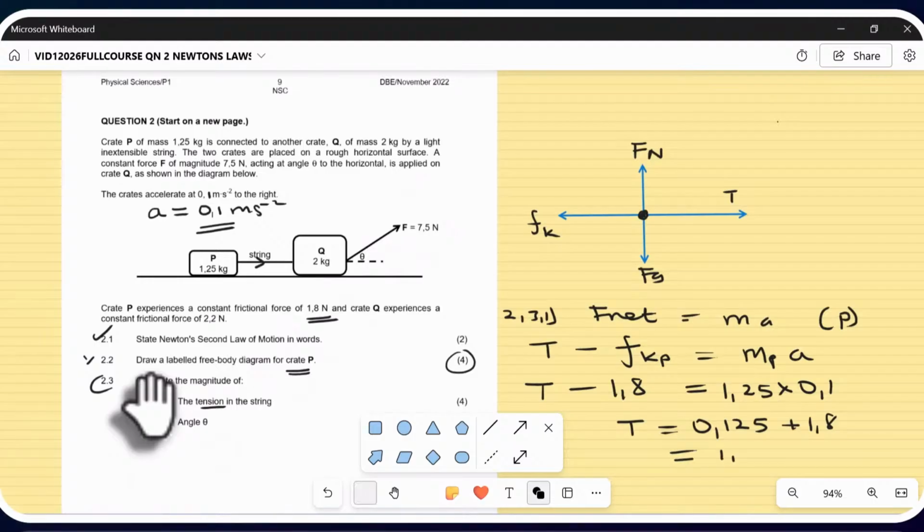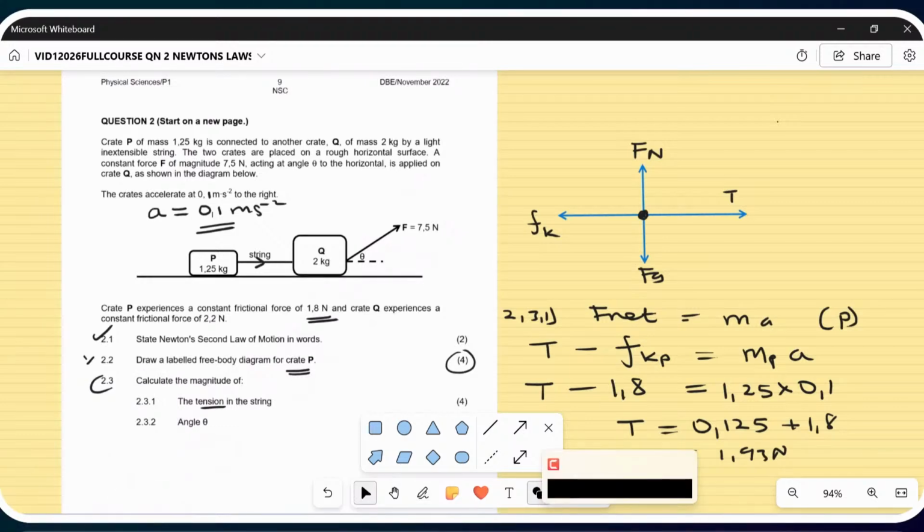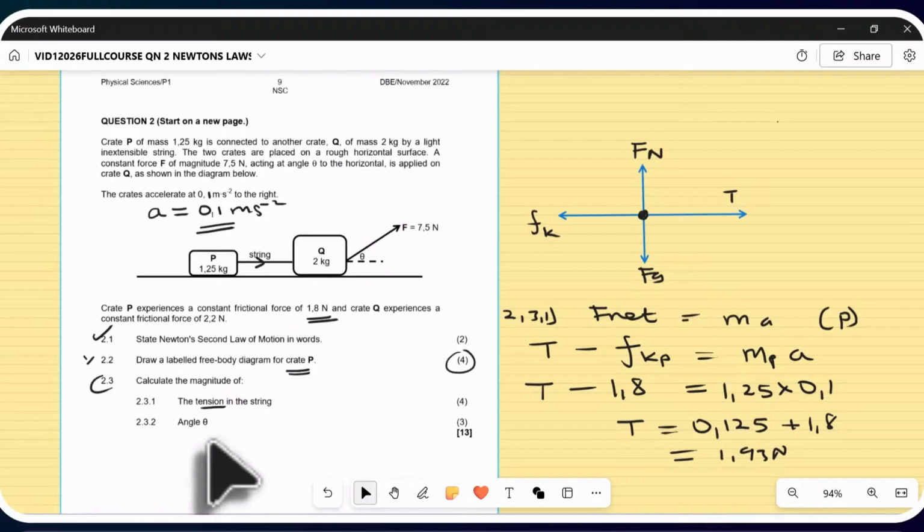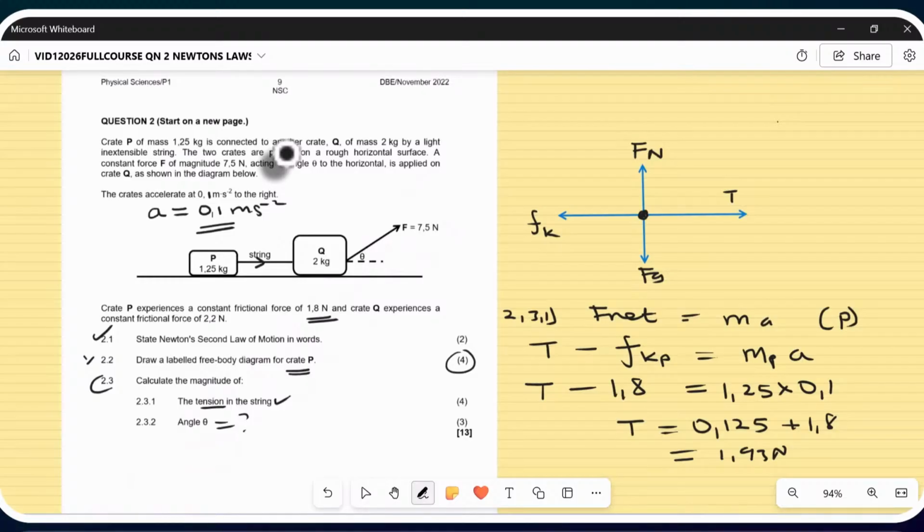Okay, so in this particular case, now they say next question here, the angle theta. We want our angle theta here. Now this angle theta is what we're looking for. So we check what we have here. Our crate Q is pulled to the right by the horizontal component Fx. So we can say in that case that our F net equals MA again.